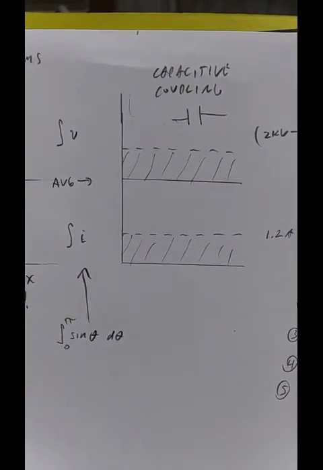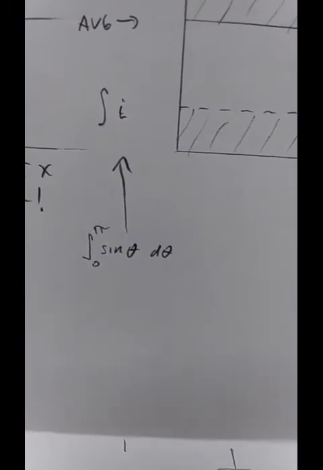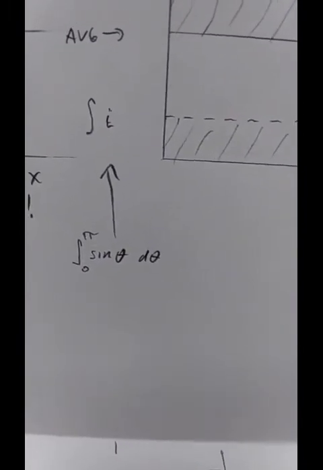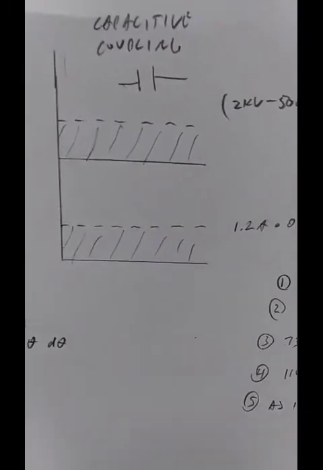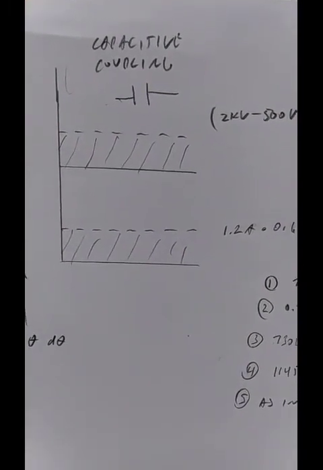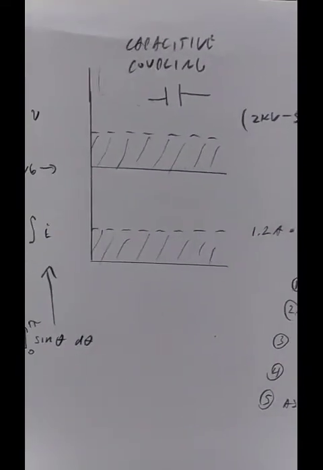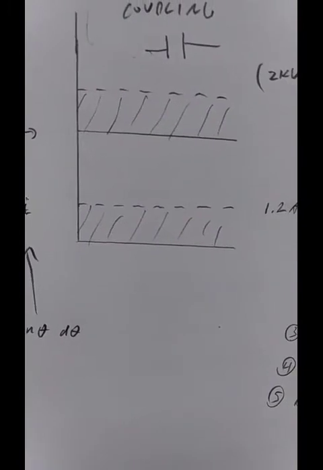If you recall in a previous video, I showed you the integral over the limits of 0 to pi for sine theta d theta comes out to be, from peak, we multiply peak times 0.637, that gives average. That ends up with graphs looking like this.